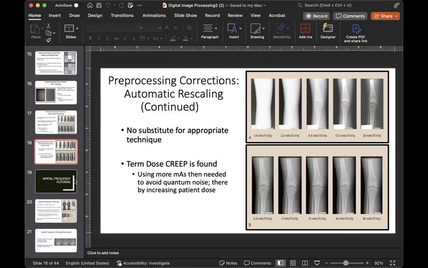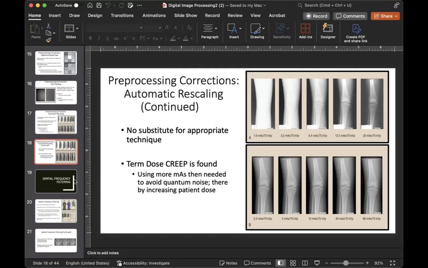And so the term dose creep is found. Essentially, what's been happening is you may see this occur in your clinical environment where a technologist may say, hey, I'd rather use a higher dose on this patient to know I get the right image.